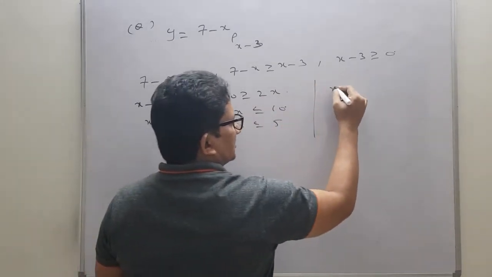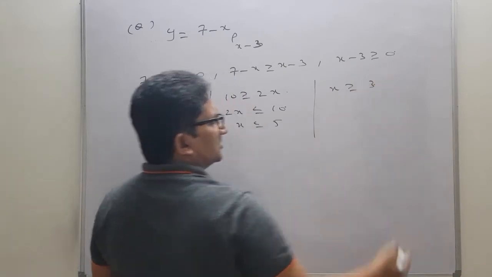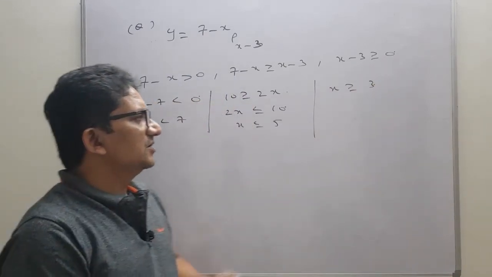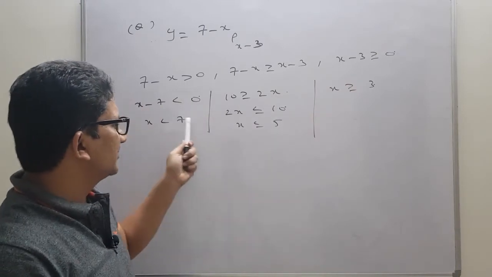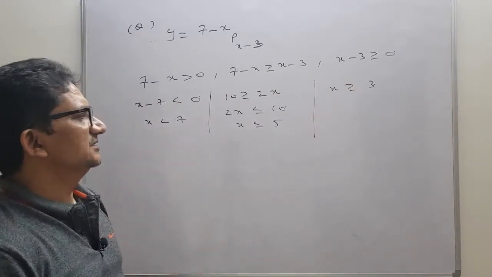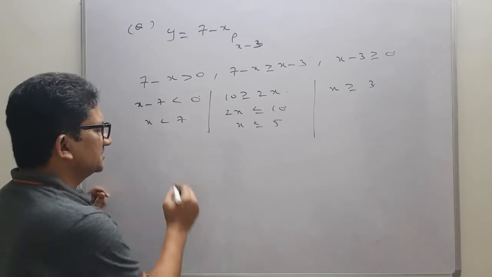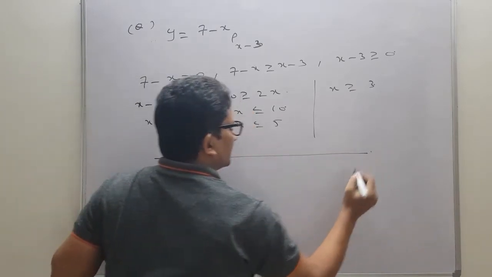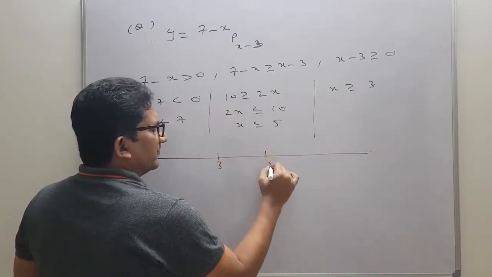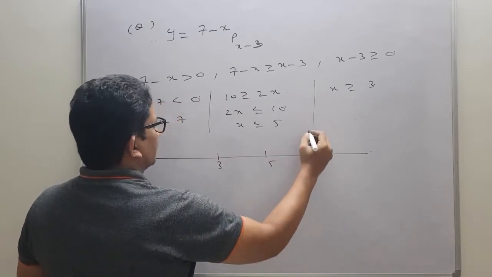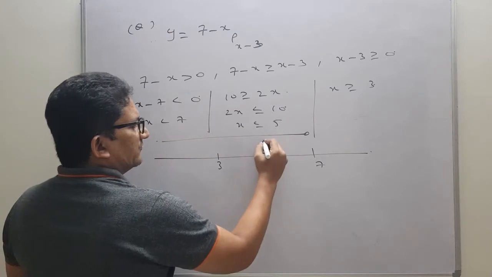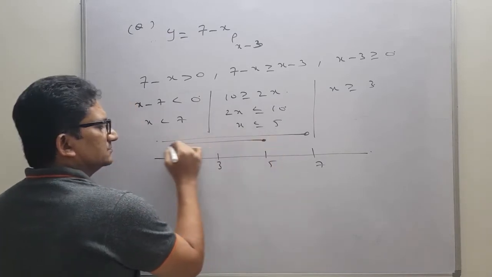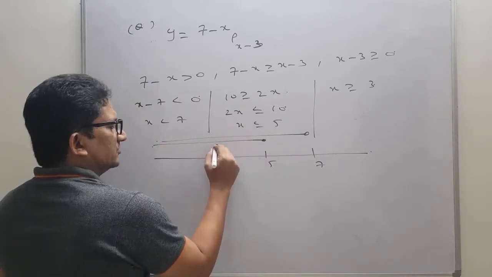The other condition is x greater than or equal to 3. So we have x greater than or equal to 3, x less than or equal to 5, and x less than 7. If you plot them on a number line with 3, 5, 7, x is less than 7 with 7 not included, 5 is included, and 3 is included.